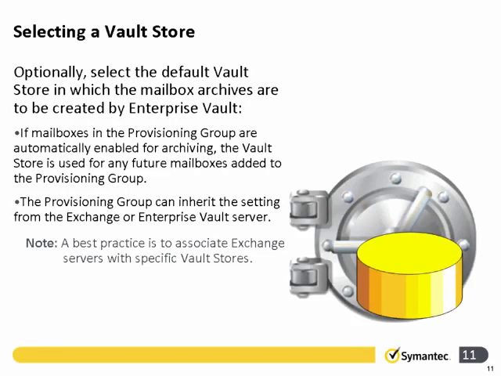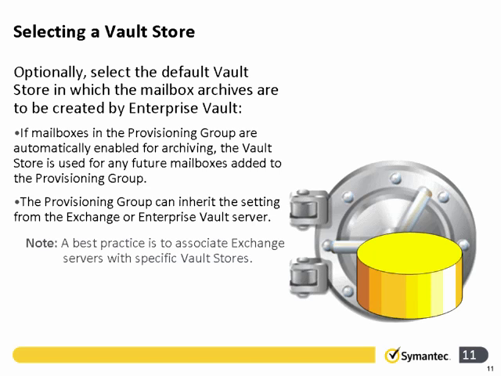Optionally, as we mentioned before, you do have the option of specifying or associating a vault store with a provisioning group. If the provisioning group is automatically enabled for archiving, the vault store will be used for any future mailboxes that are added to that particular provisioning group. And the provisioning group can inherit the settings from the Exchange settings, and when we say Exchange settings here, we're talking about the Exchange object within the Enterprise Vault administration console.